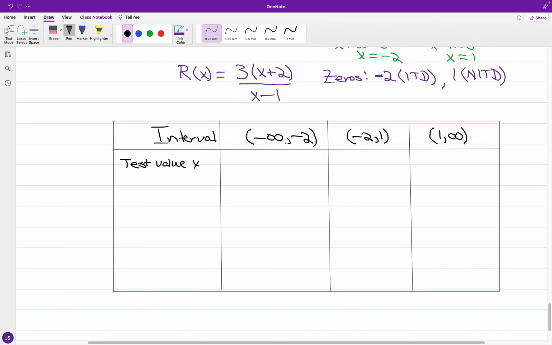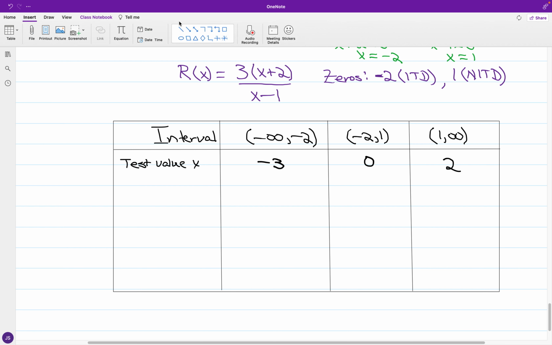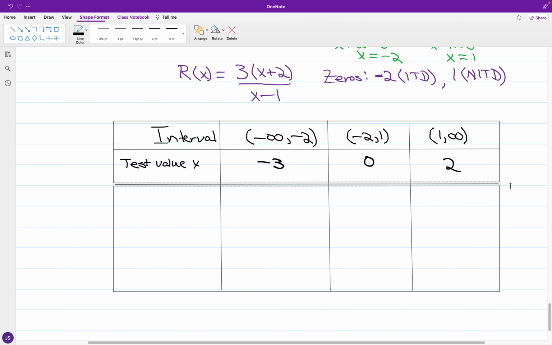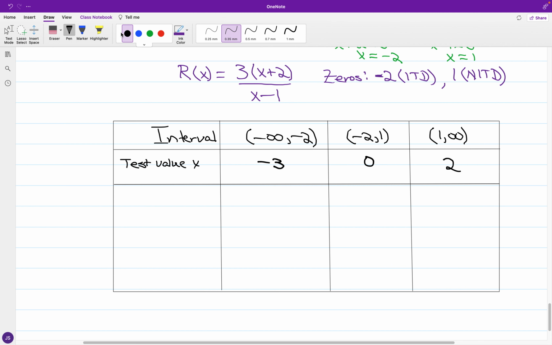Okay, so if I select any value that is less than -2, go with -3. And between -2 and 1, okay, we can fit in 0. Anything greater than 1, we can go with the number 2. Okay.